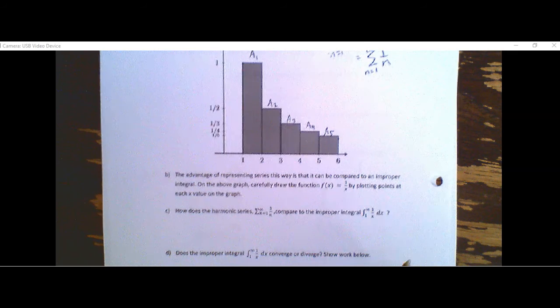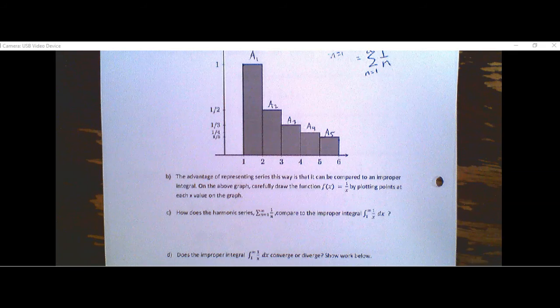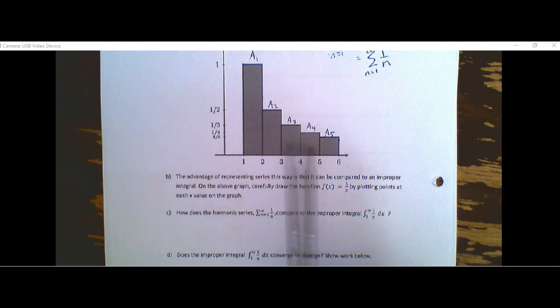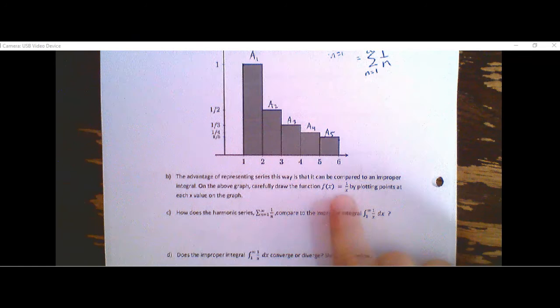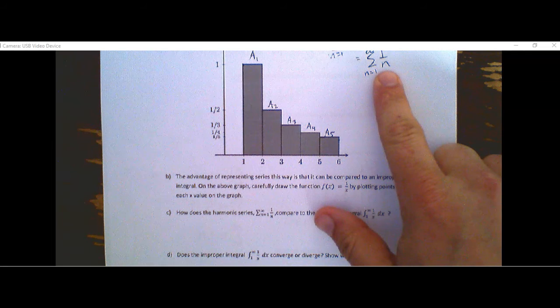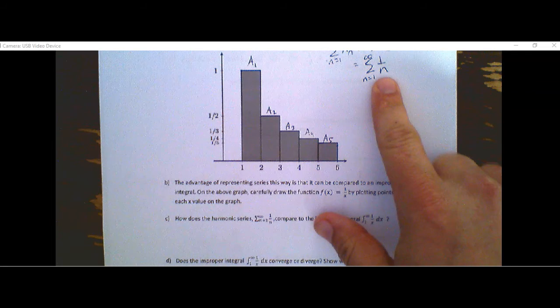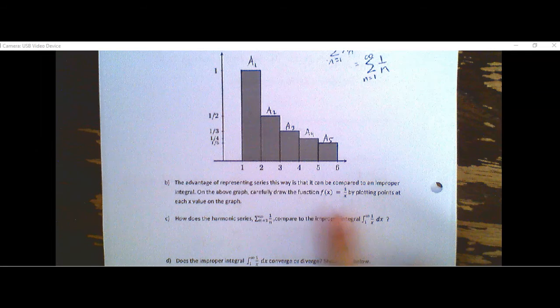All right. So one of the advantages of doing this is that we can compare the area that we have to an integral, right? So what we want to do here is carefully draw the function f of x equals 1 over x. So we're going to basically make this sequence into a function of x and then draw that curve. Okay. So let's look.